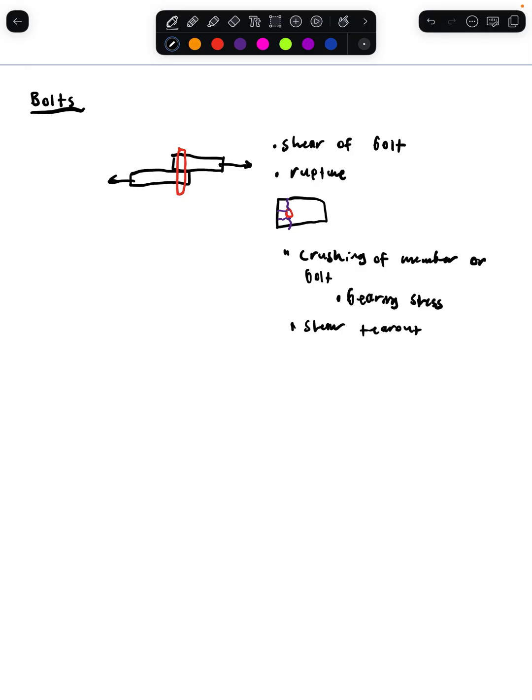Another way that you might have to analyze a bolted joint would be if you have a fixed plate, and then a bar is bolted, and then you have some load over here.